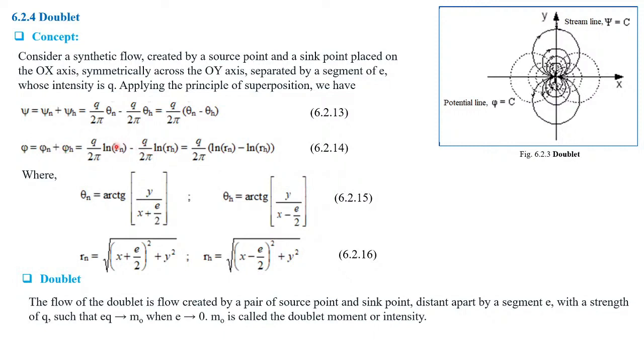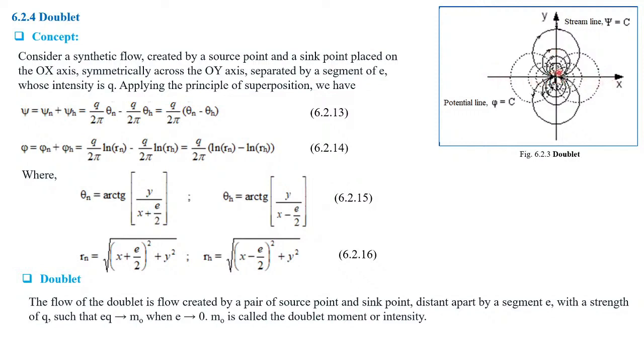So we sum them, we get this one, where theta_s equals arctan of (y minus y0) divided by (x minus x0), but y0 is 0 because the source and sink are on the x-axis.